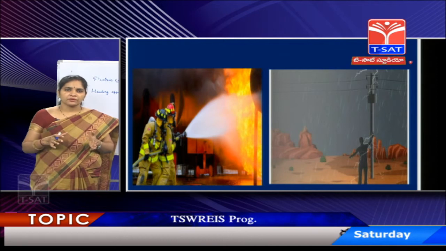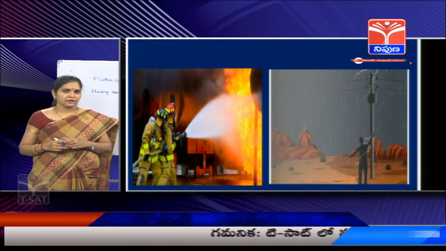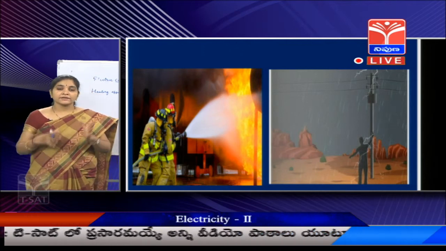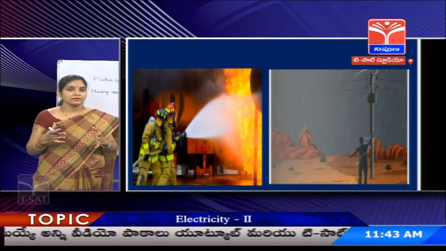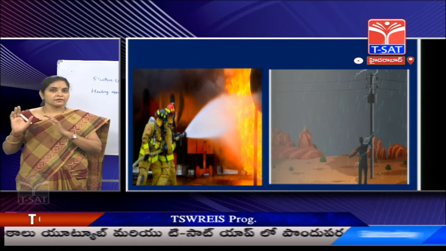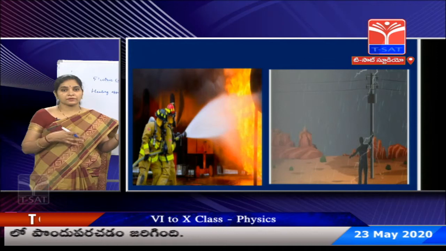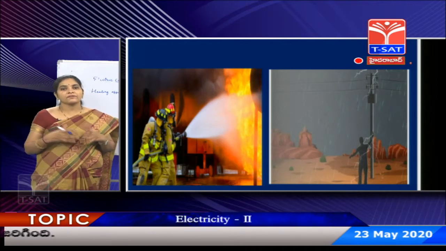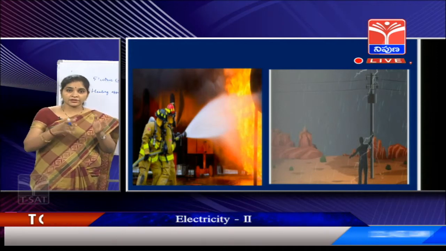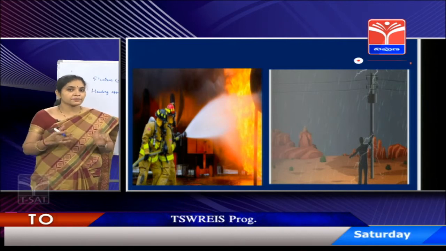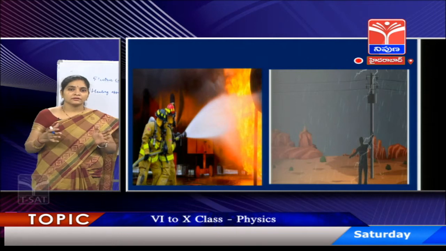Why do they do so? It is because without switching off the mains, if they start spraying water, the current will pass through the water and it may cause harm to the firemen. So, they make sure that the mains are off before they start spraying water.